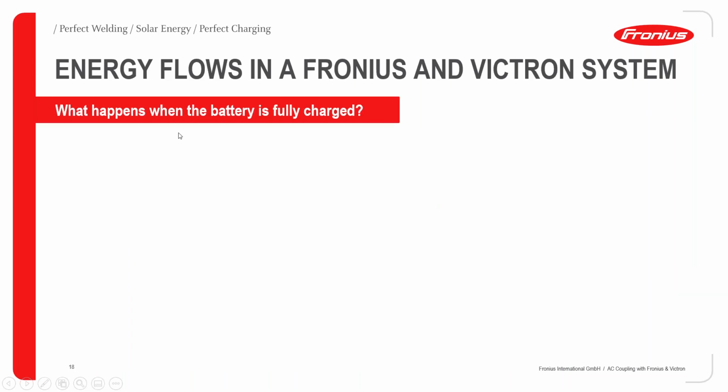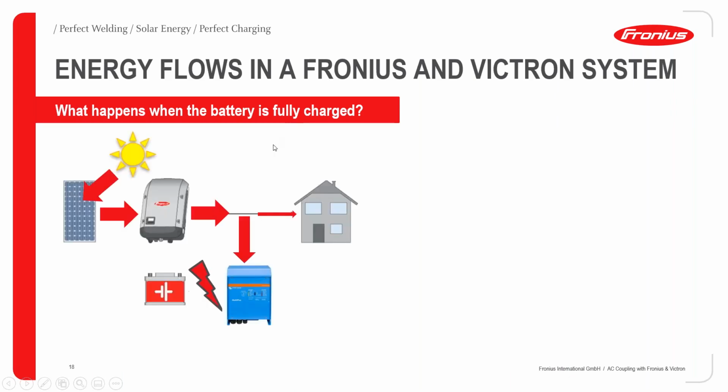So what happens when the battery is fully charged? When the battery is fully charged, it is important that the battery is not overcharged. This tends to be the case for other systems that don't have a good BMS, that is, battery management system. But this is not the case with the Fronius Victron combo, because they have a line of communication that ensures that the battery is optimally charged and not overcharged.